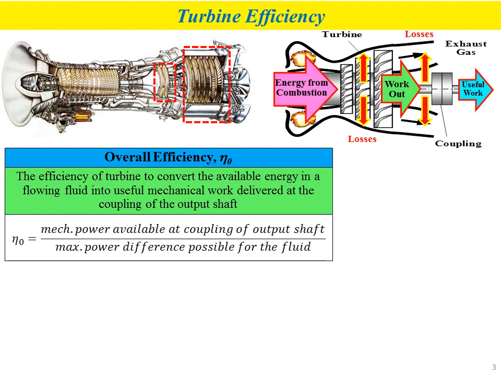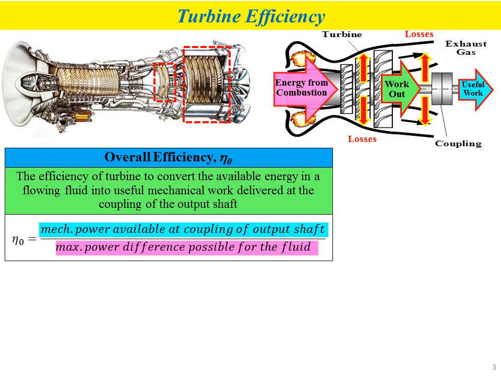Now the formula for overall efficiency, mu naught, equals mechanical power available at the coupling of the output shaft divided by maximum power difference possible for the fluid. Maximum power difference possible for the fluid refers to the energy received by the fluid that is used to rotate the turbine blade or turbine rotor, represented by the pink color arrow, which is the energy obtained from the combustion process.